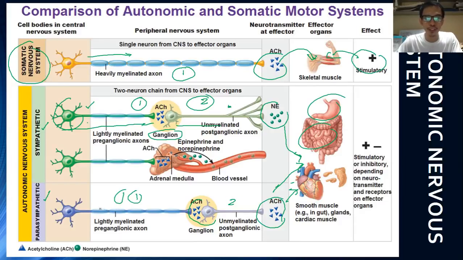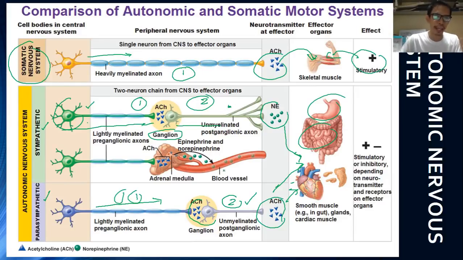The first neuron is long enough to reach those organs, and they need only a short secondary neuron to reach those organs. Meaning this neuron that we have right here is connected to a particular organ. For example, the blood vessels, the smooth muscles found in the digestive system, and also the heart muscles.